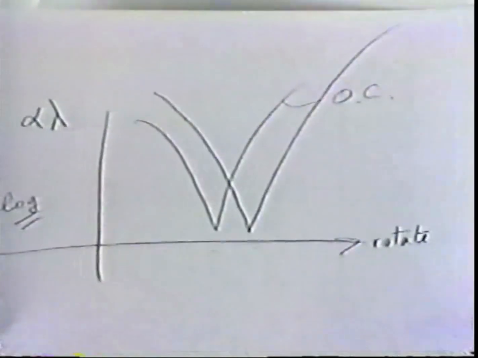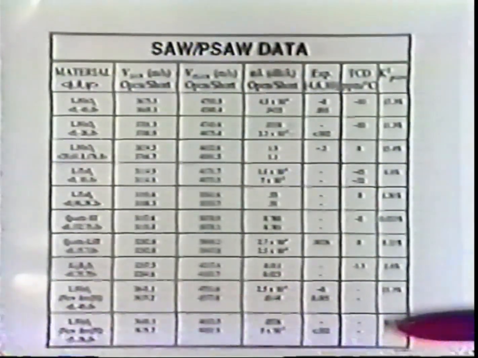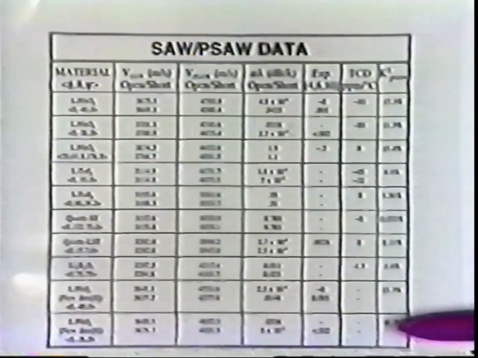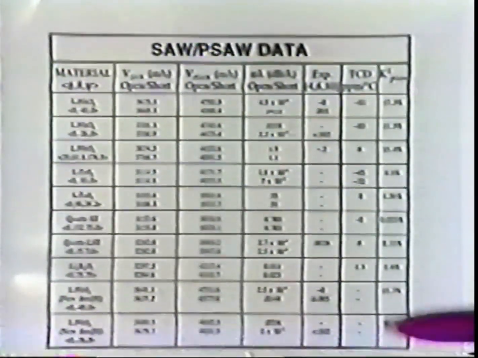I don't think anybody has done a detailed sensitivity calculation, but the sensitivity is mainly due to the fact that these curves come swooping down so sharply, so that small angular changes give you big changes in the attenuation, or small perturbations in the material constants move you up and down in a very steep portion of the curve. So these are things that the designers, of course, have to be concerned with.